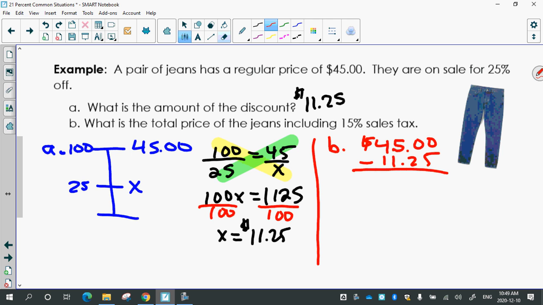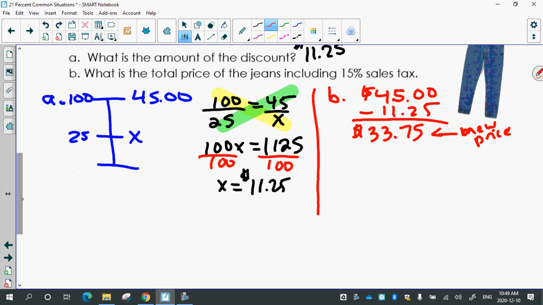And your new price is going to be $33.75. And that new price is going to be what they calculate your sales tax off of. Okay? So you have to find 15% of that in order to know what the tax is going to be.